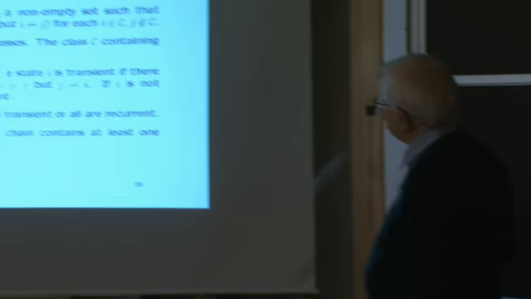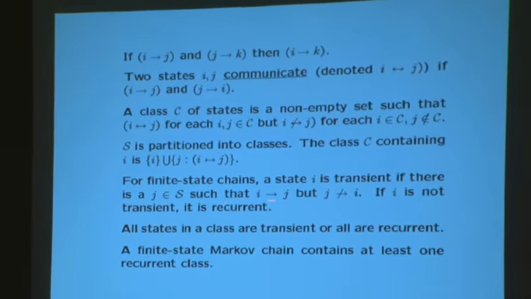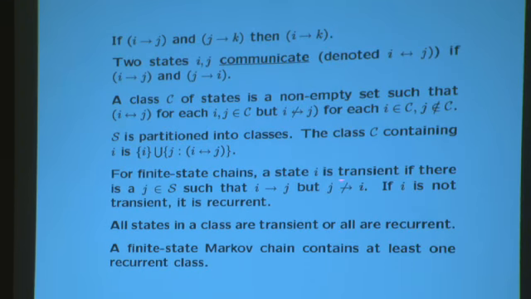But here the situation is simpler for a finite state Markov chain, and you can define transients if there's a J in S such that I goes into J, but J doesn't go into I. If I is not transient, then it's recurrent. Usually you define recurrence first and transients later, but it's a little simpler this way. All states in a class are transient, or all are recurrent, and a finite state Markov chain contains at least one recurrent class. You did that in your homework, and you were surprised at how complicated it was to do it.